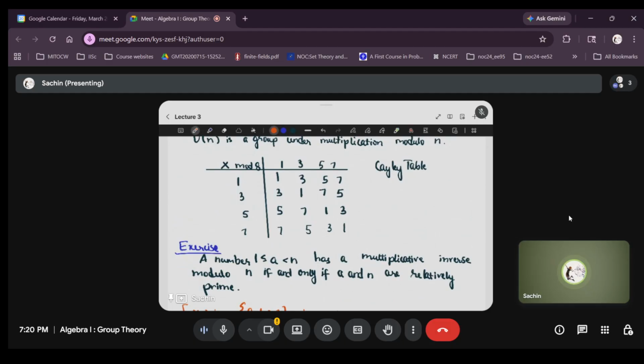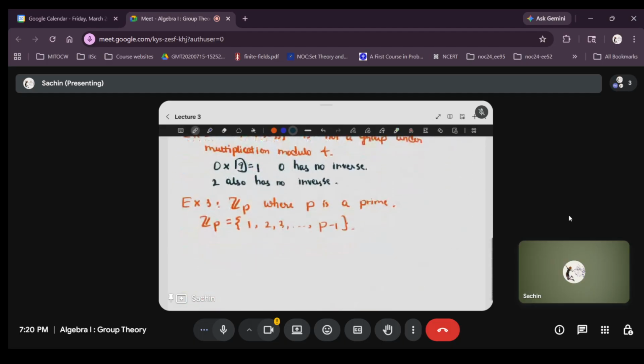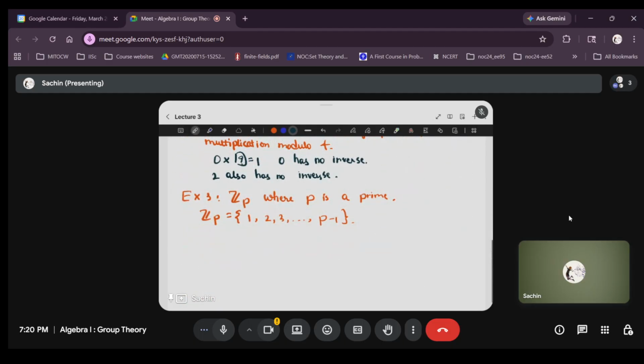So all numbers less than p and greater than or equal to 1 are relatively prime to p. If you do this exercise, that means all those numbers have multiplicative inverses. So Zp where p is a prime is a group under multiplication modulo p.